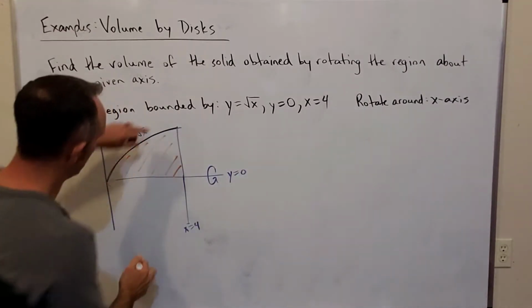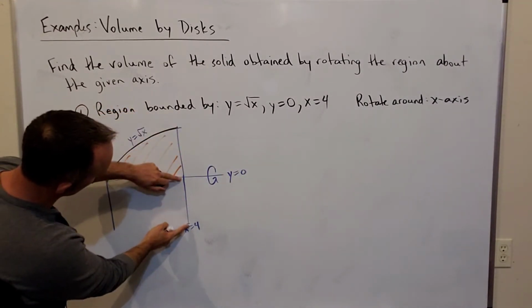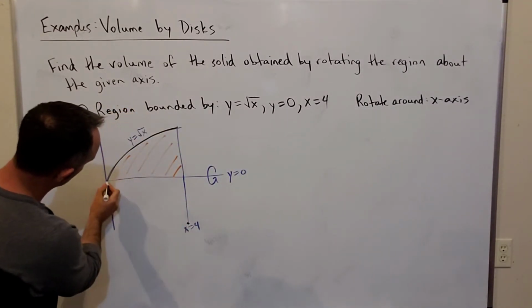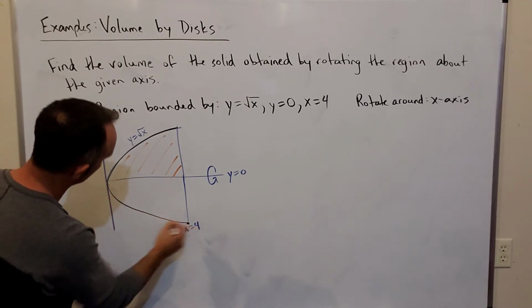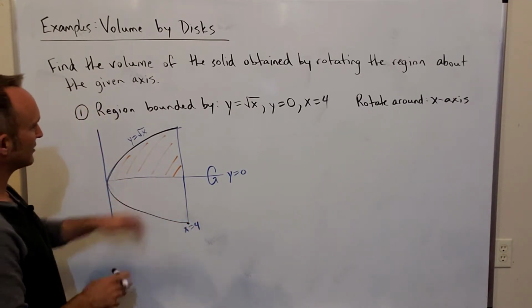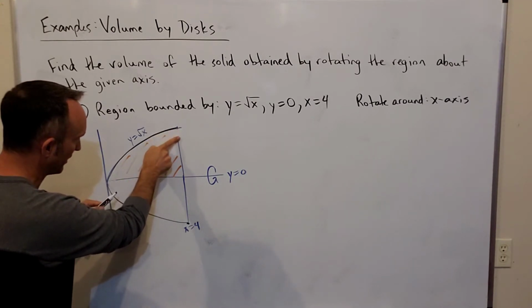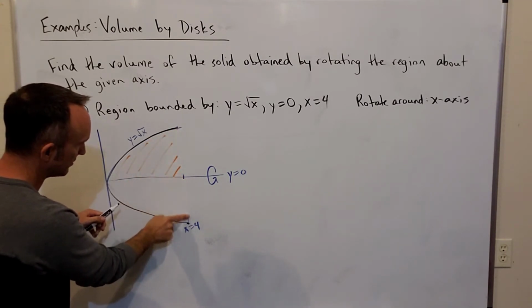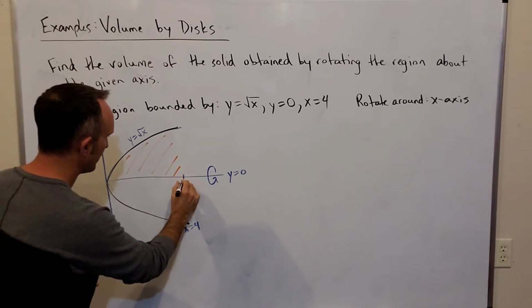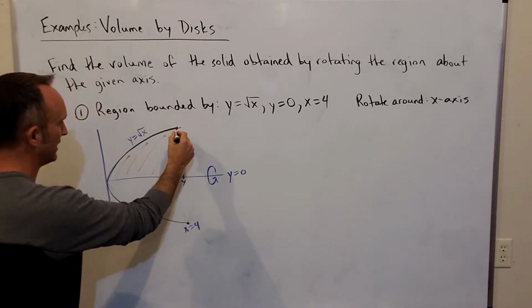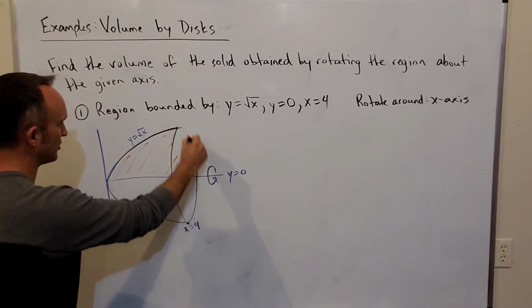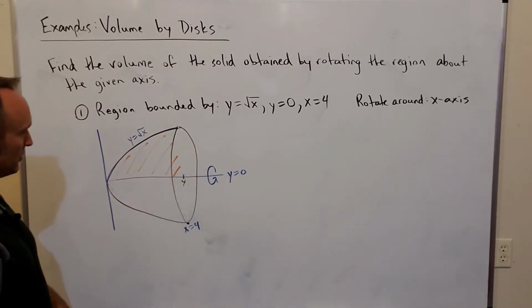Let's see here. So I want to mirror this distance, so yeah, that looks okay. The hard part is getting the curve to look similar. Okay, so something like that. That's our solid, just about. I'll get rid of this guy now. We still know that that's 4, okay? And on the end, it's going to be a circular cross section now. So that's our three-dimensional solid.